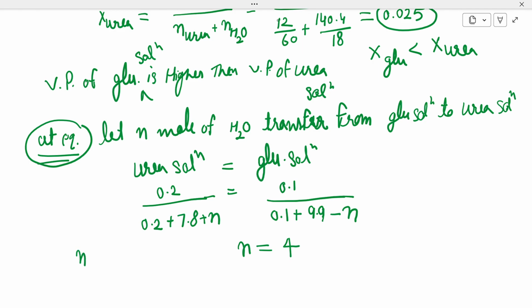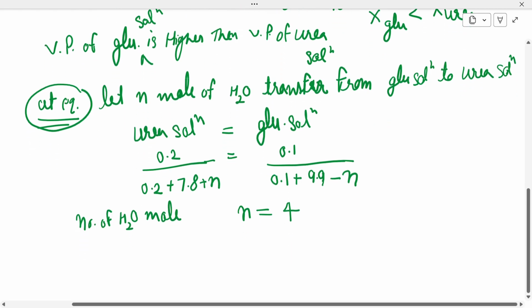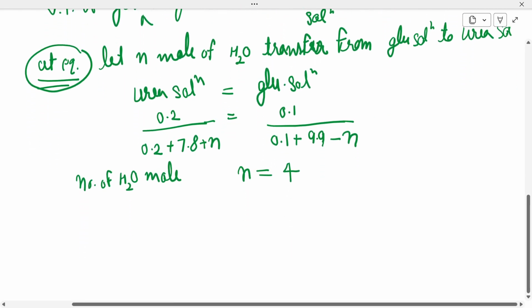Now we can calculate the value of n. N means the number of moles of water which was transferred from glucose solution to urea solution at equilibrium. When we calculate, n is equal to 4.